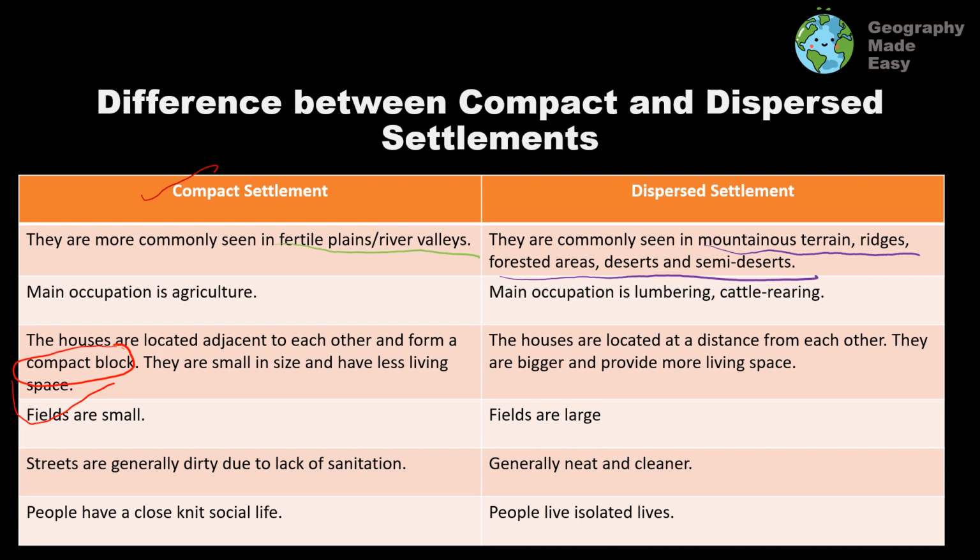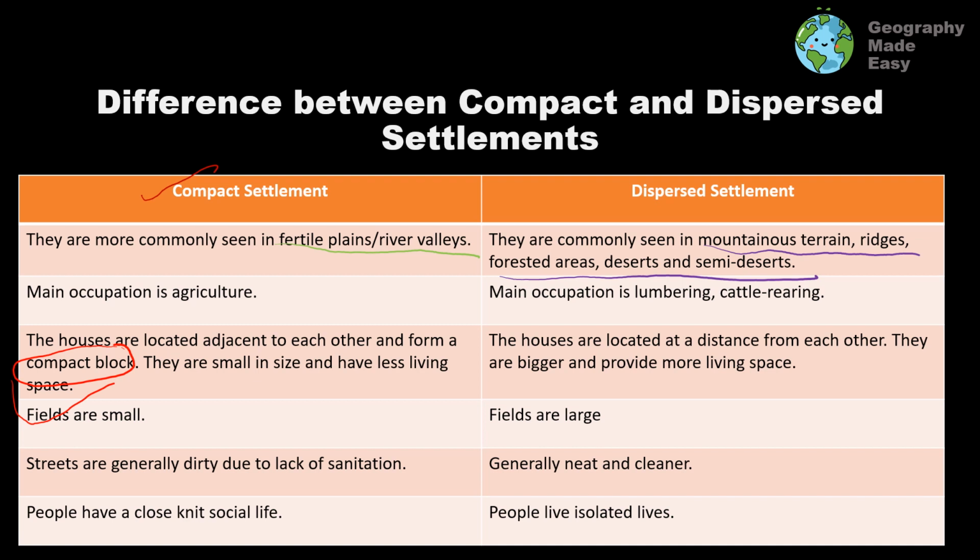In compact settlements, streets are dirty due to lack of sanitation, but again, this is a very generalized statement. Not necessary, but yes, in the case of very dense compact settlements, the old towns of any cities, we see this problem that there is lack of sanitation because the growth of that part of the rural settlement has been unplanned.